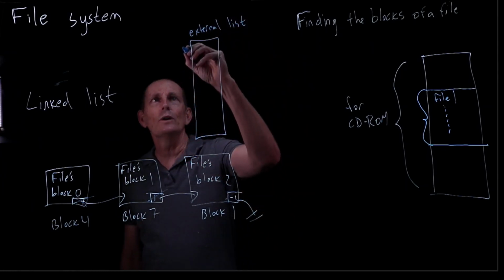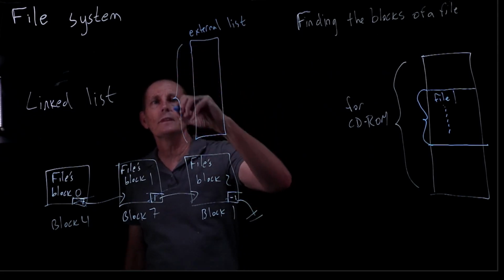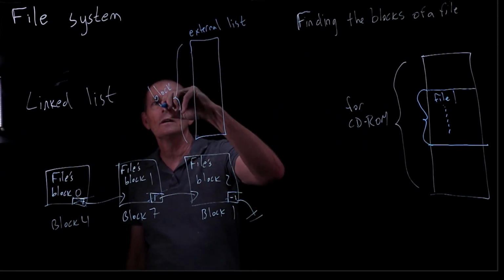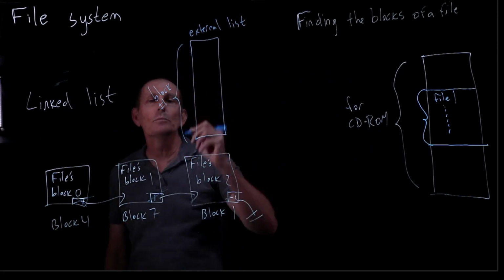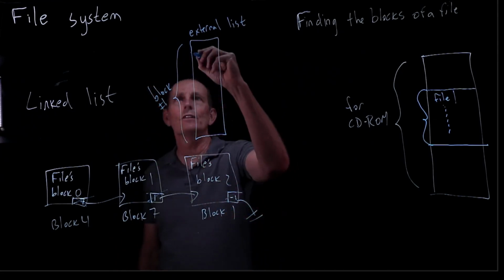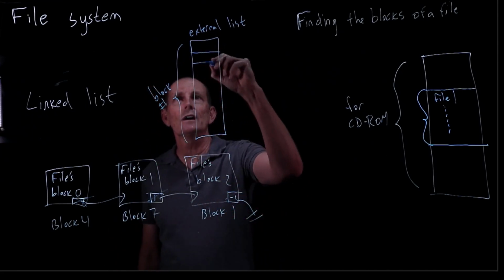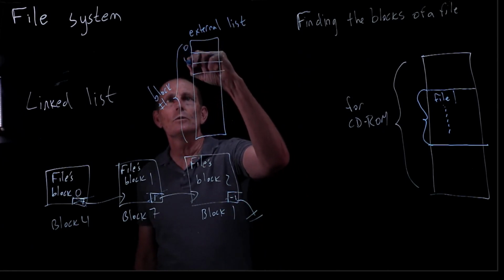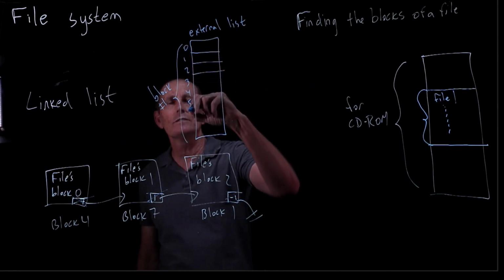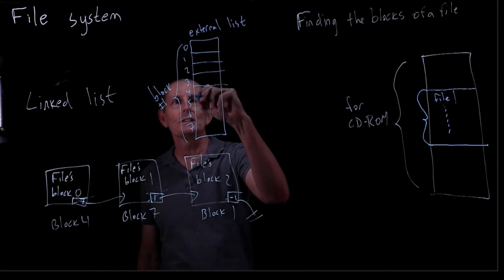And this would just be indexed by block number. And the contents would be the next block number for the file. So we would have 0, 1, 2, 3, 4, 5, 6, 7. Let's say this is a very small disk.